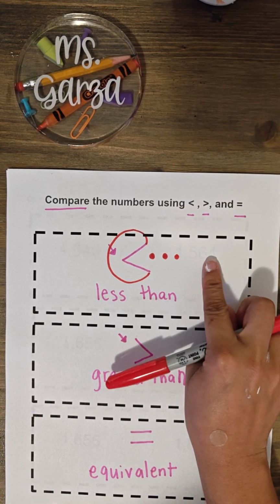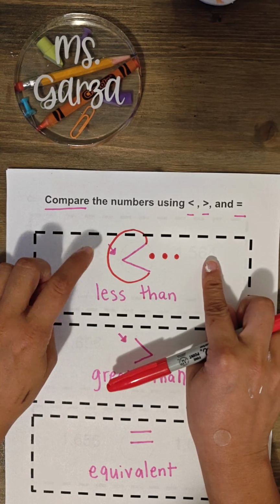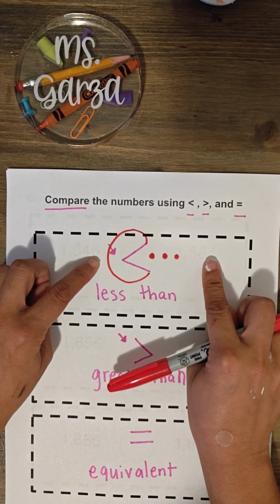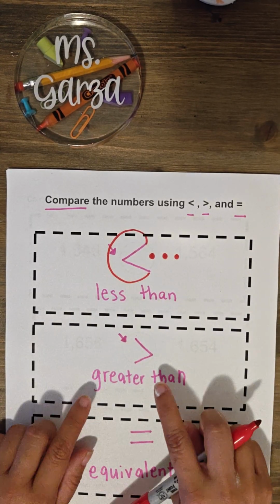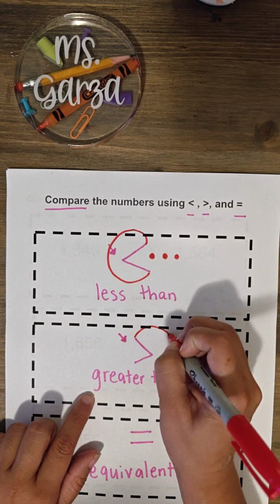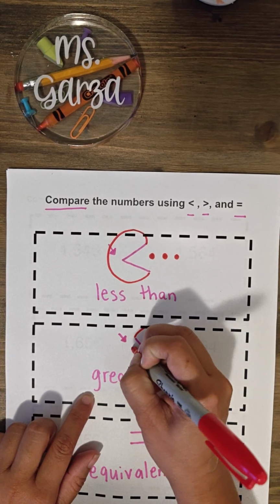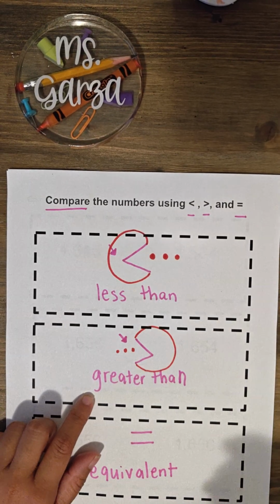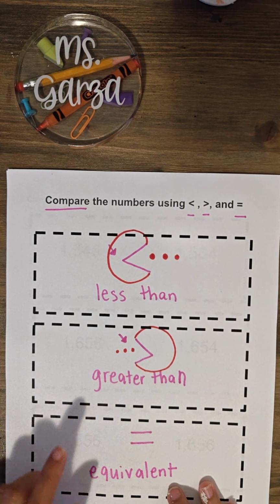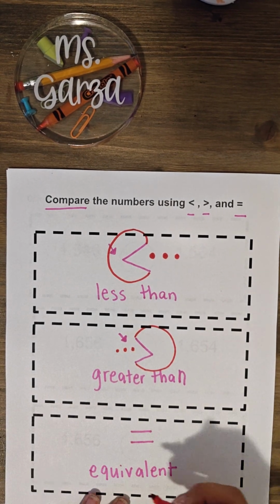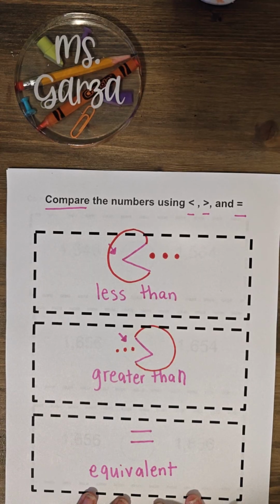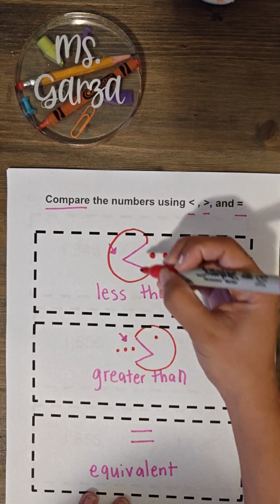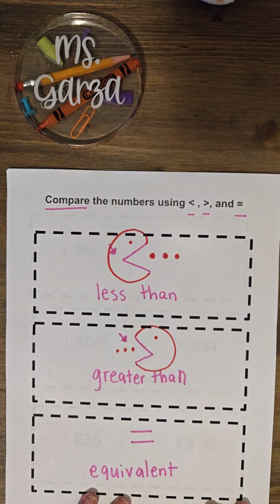So if the biggest side is over here, then the less side is on the left side. Over here, the greater side is open first. Here, it would just be the same on both. There's not really a cool little Pac-Man picture to show us how to do that, but that's how I learned it.